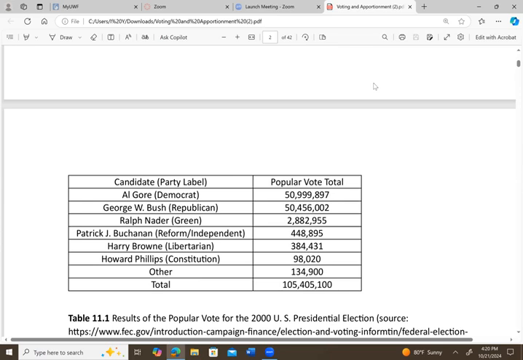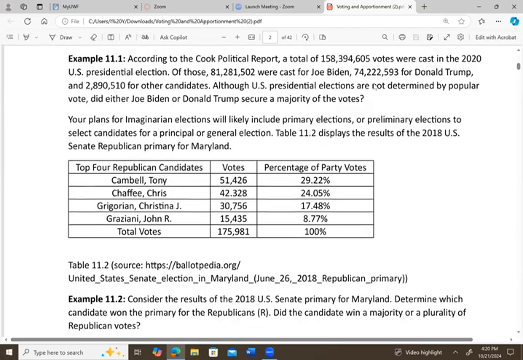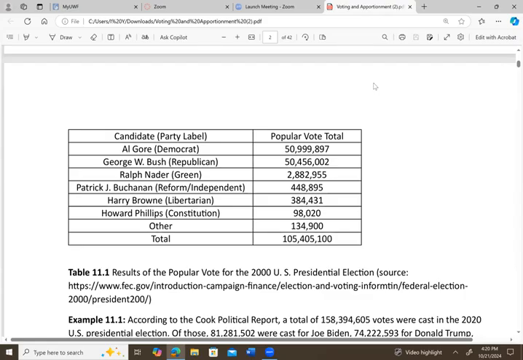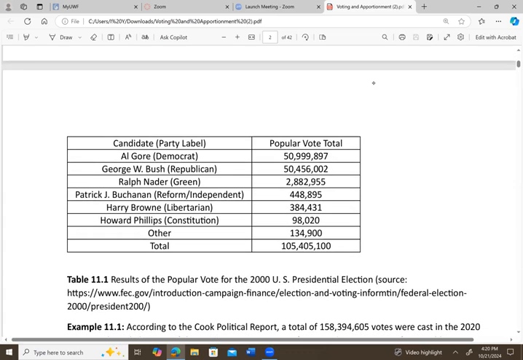So here we have a total of 105,405,100 votes cast. To have a majority, you would need more than half of that. So if we take that and divide it by 2, 105,405,100 divided by 2 comes to 52,702,550.